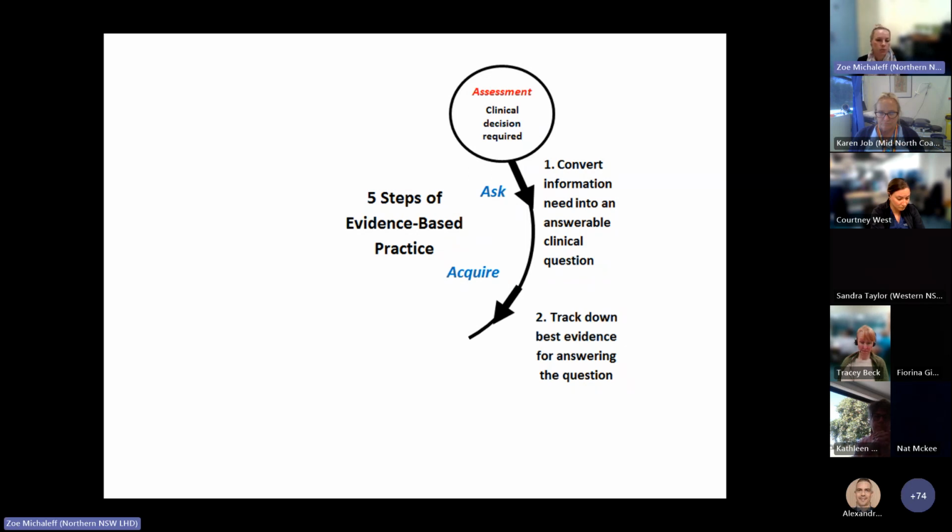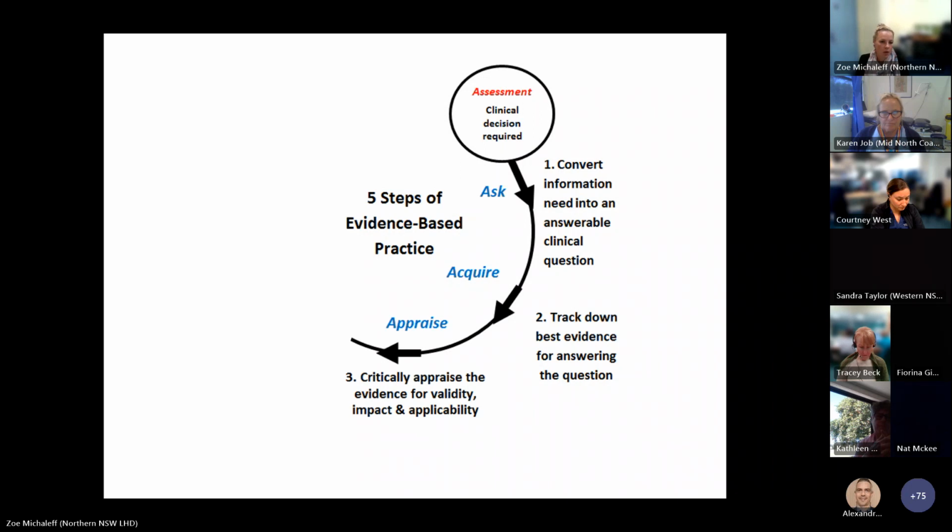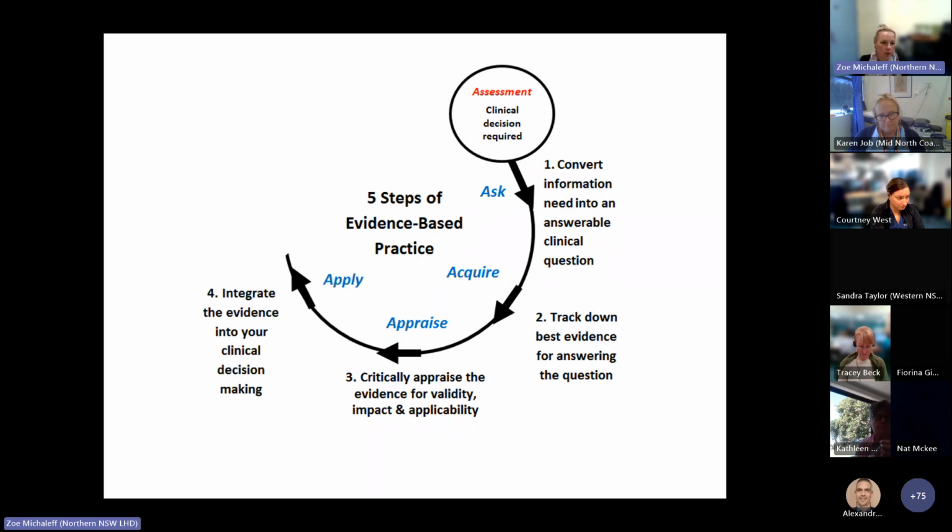Once you've been able to ask that answerable clinical question, you need to be able to find the evidence or high quality research that's going to answer that clinical question. So you need to be able to acquire the high quality, robust information. Once you've found that information, you need to be able to appraise that evidence for the validity, impact, and applicability to your situation.